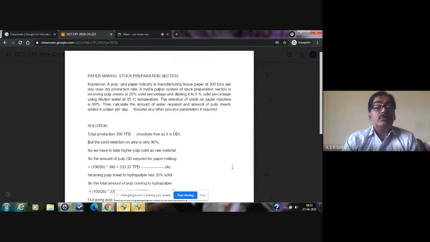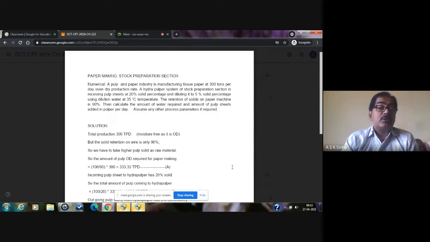Then, depending on the utilization of different paper machines, it is sent to the stock preparation section of different paper machines, and the first equipment that will receive the pulp is the Hydra pulper.